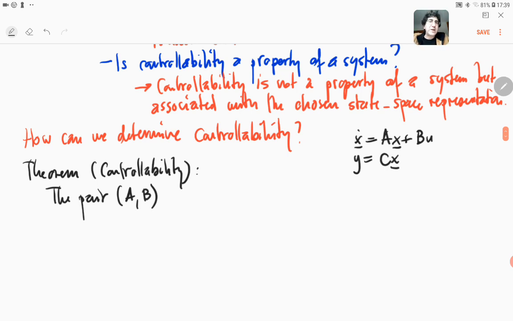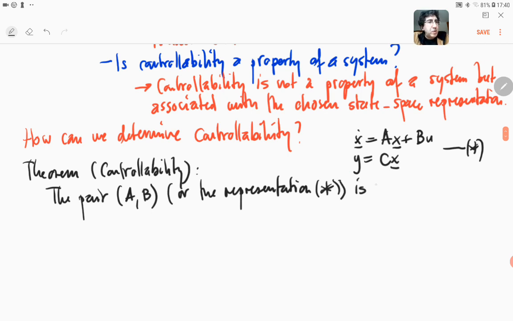You see that in controllability we are not interested in the C matrix, but we are only interested in the A and B matrices. So the pair A, B, or the representation, let's call this a representation star.